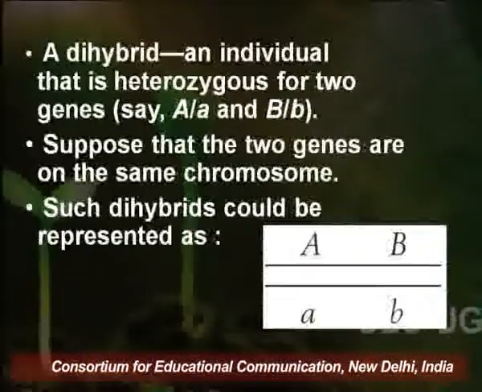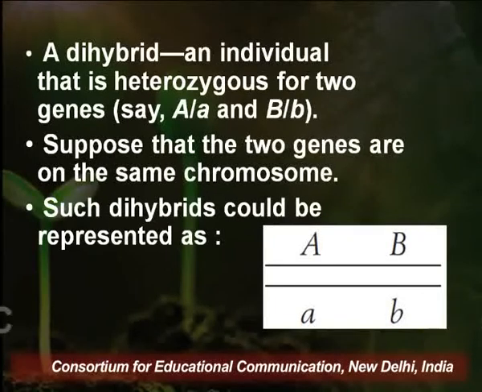Now viewers, please understand, we are talking about genes which are located on the same chromosome showing different patterns. Let us take a small example. There is a dihybrid, which is an individual heterozygous for two genes, say capital A and small a, of course the allelic form, and capital B and small b.